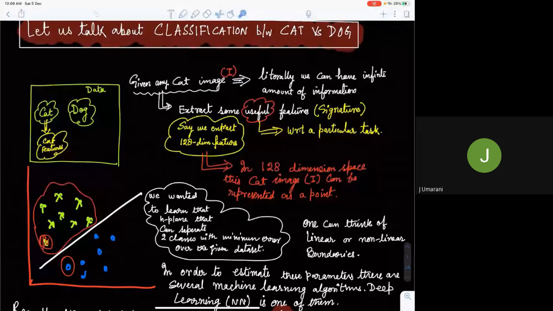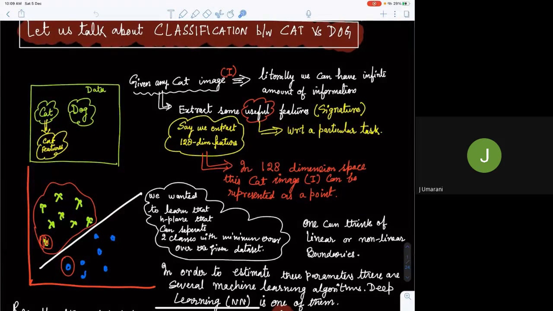Suppose that instead of two dimensions, I have a 128-dimensional feature vector. Then in that very high dimensional space, one cat image can be seen as a point like this. And instead of a line, you somehow come up with a hyperplane, and that hyperplane needs to separate the cat images and the dog images.